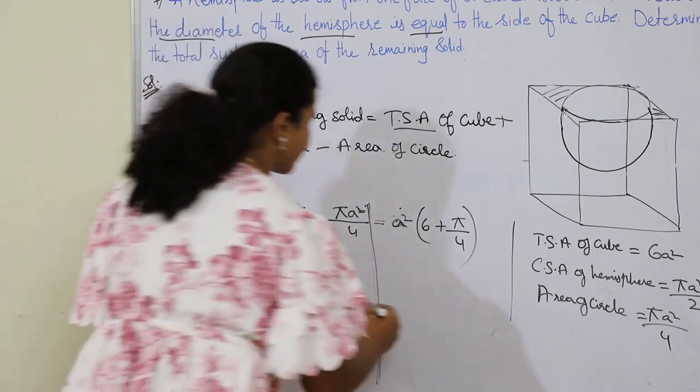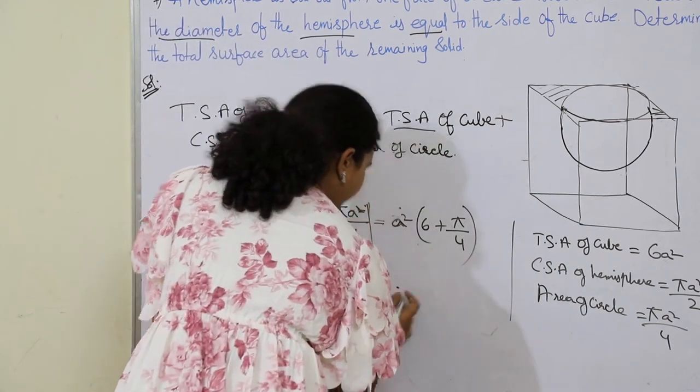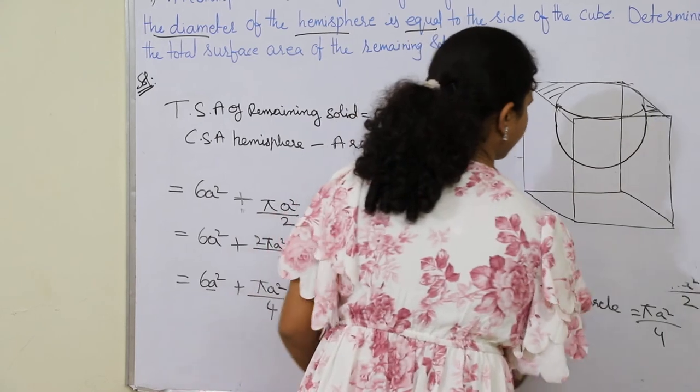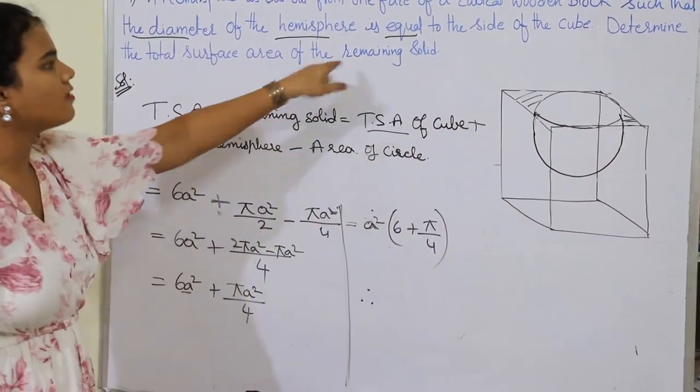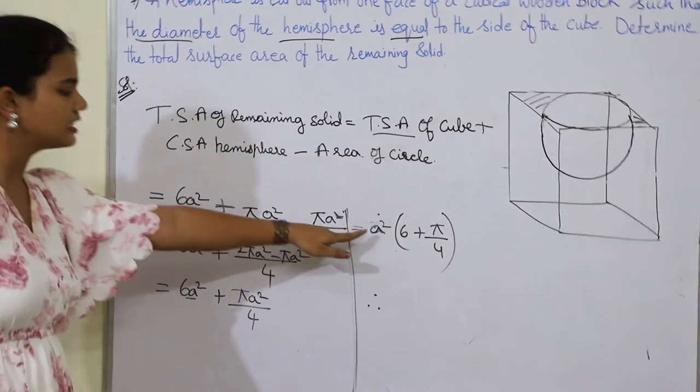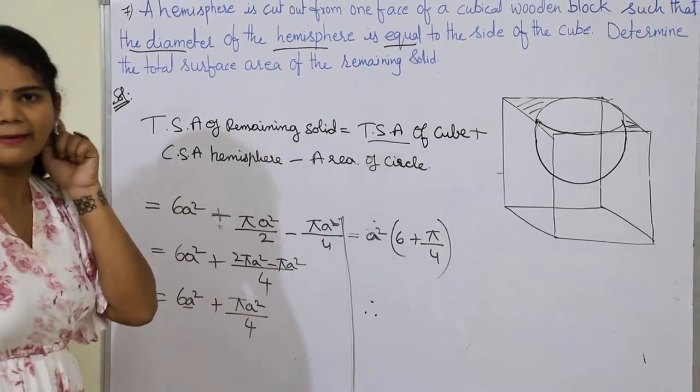Therefore, I can conclude, let me write down here, therefore, the total surface area of the remaining solid is a square into 6 plus pi by 4.